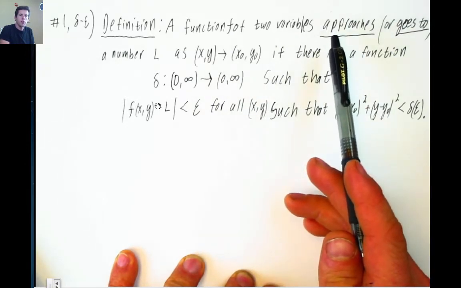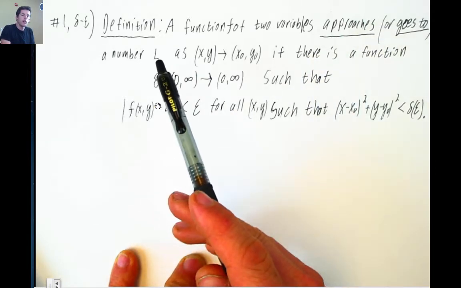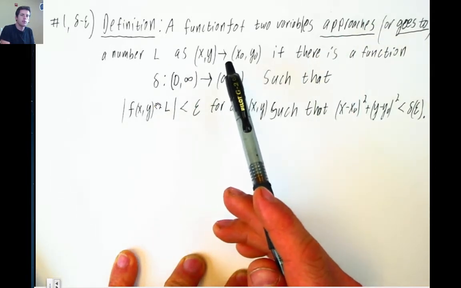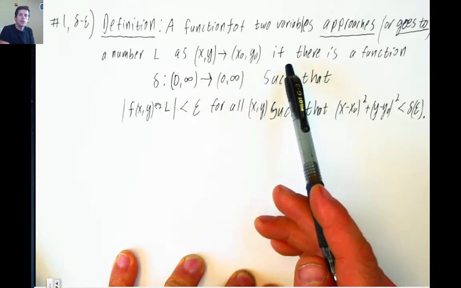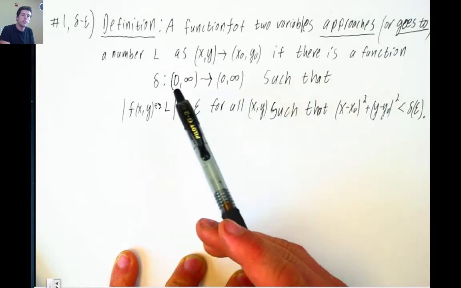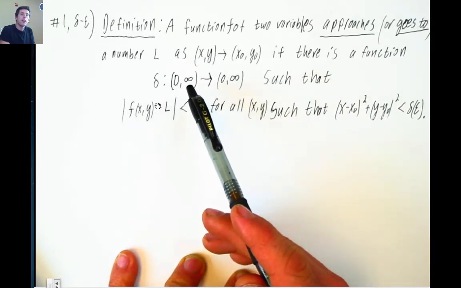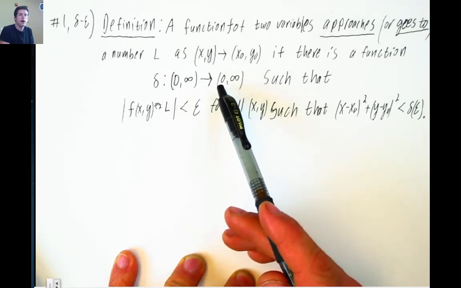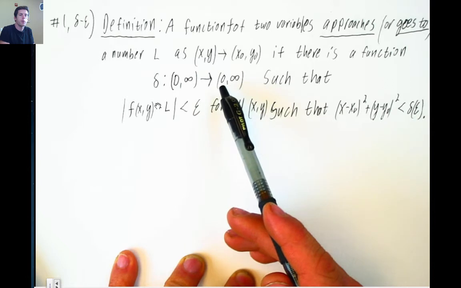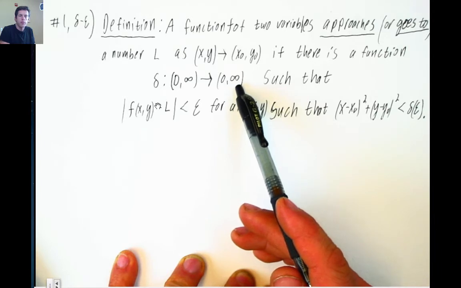So a function f of two variables approaches a number L as (x, y) goes to (x naught, y naught) if there is a function delta whose domain is the interval 0 to infinity and whose codomain is the same. So this is a positively valued function. No matter what you put into delta, you've got to get out a positive value, so delta is going to be greater than 0.